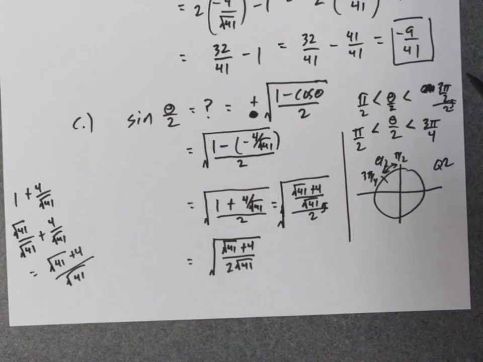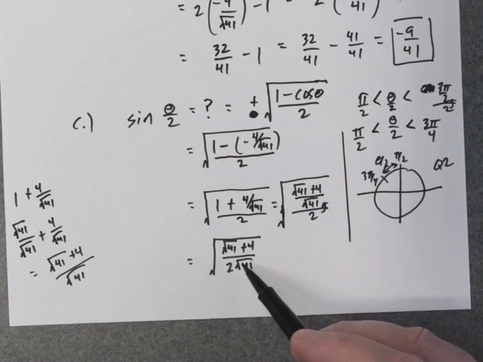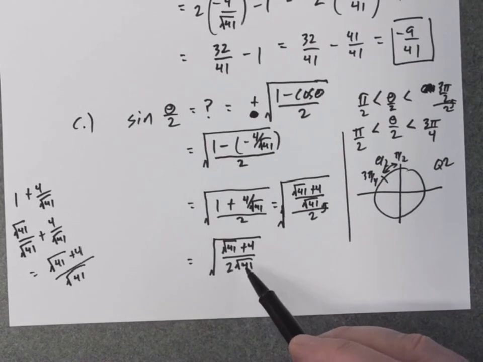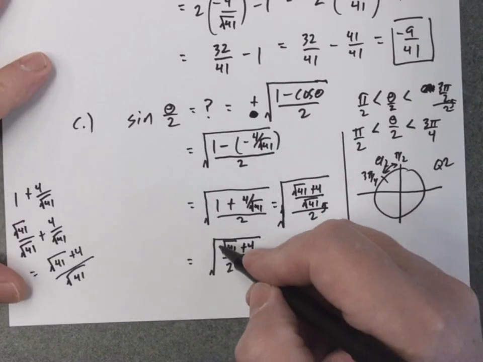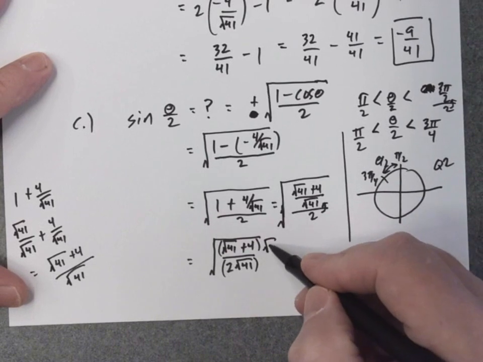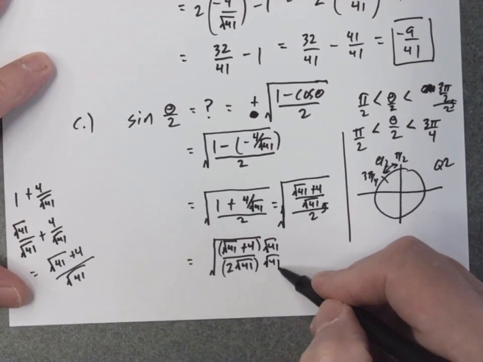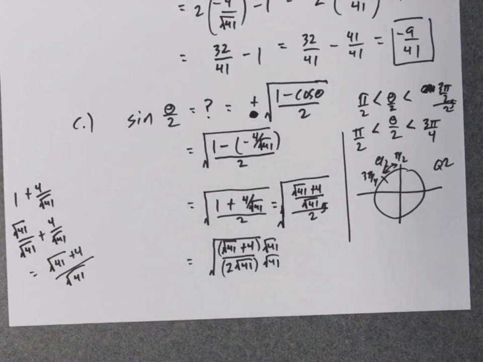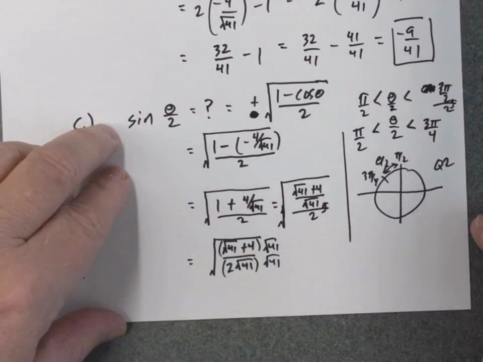So I'm looking at the answer, and what I need to do is get rid of the square root of 41 in the bottom. It's called rationalize the denominator. And the way I do that is I multiply the top and the bottom by square root of 41.